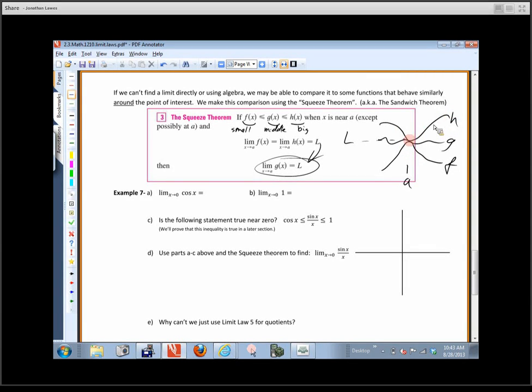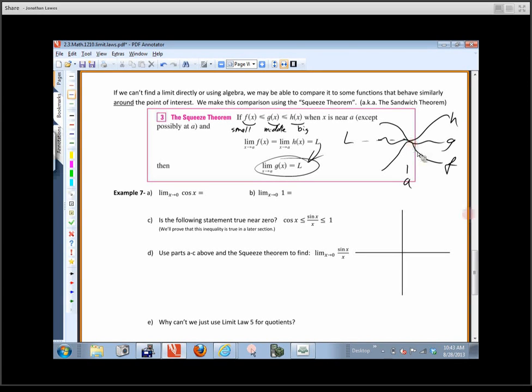This one kind of squeezes down here, and this one squeezes up here, and g's always in the middle. Can g wiggle around enough to get out of having the same limit right here? It can't. If it's always in between there, it's got to have the same limit. So we've got this function that we're not sure of, but we know what happens on the top and bottom, and we squeeze it in between those two to the point where, hey, we know what happens to this function right here. Does that make sense?